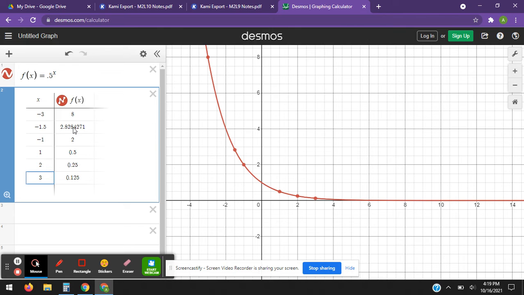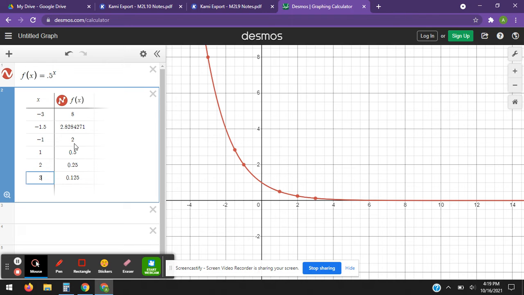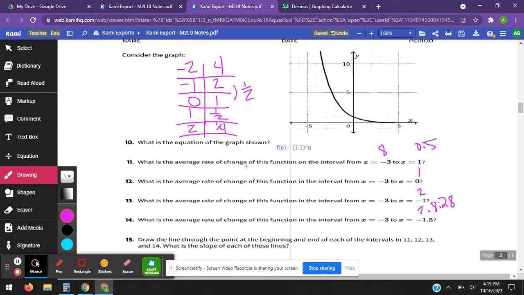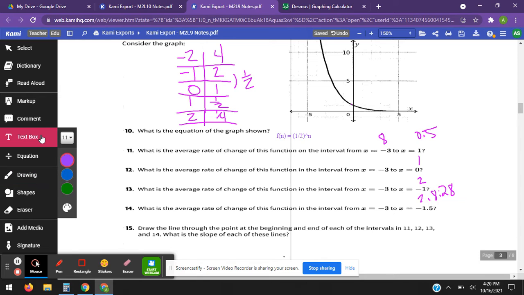At -1.5 was 2.828. 0 was at 1, and 1 was at 0.5. So I'm just going to go ahead and fill those in. So I have this on here. So rate of change. Let's go ahead and fill some of these in.